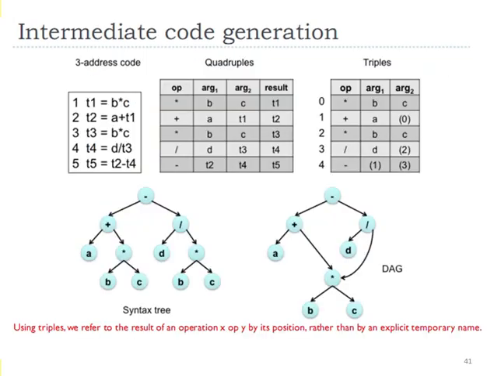Let's see. For example, assume we have, in a given source program, the statement that is represented as a plus b times c minus d over b times c.